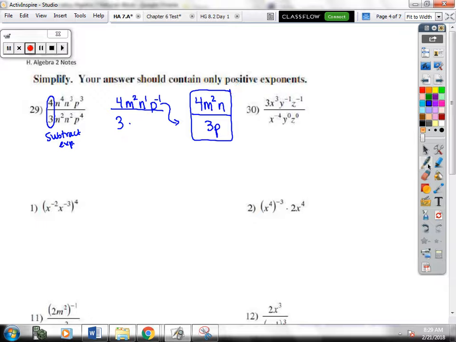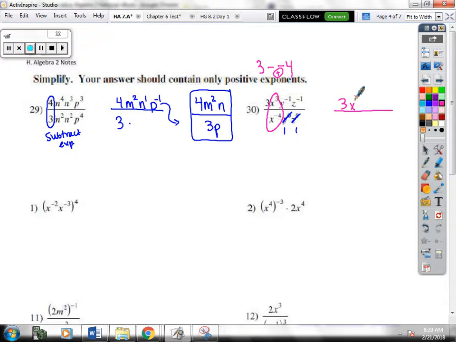Okay, the next one, anything with a 0 power is just 1. So you can actually just get rid of those. And here is where I see a lot of students make mistakes. Right here. The rule is to subtract the exponents. So this would be 3 minus a negative 4, which will become a positive, which will then get us 7.